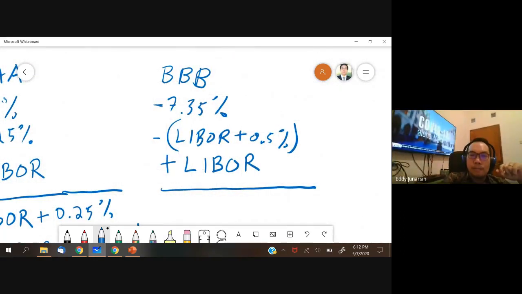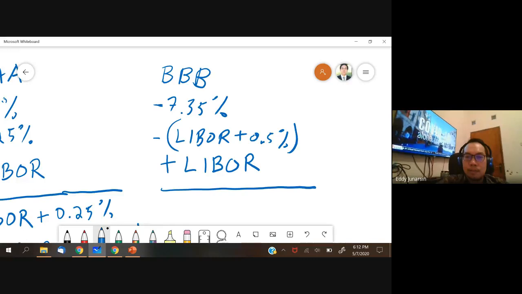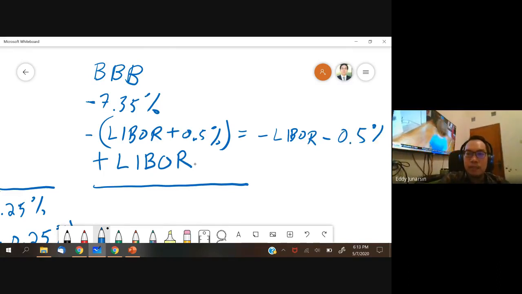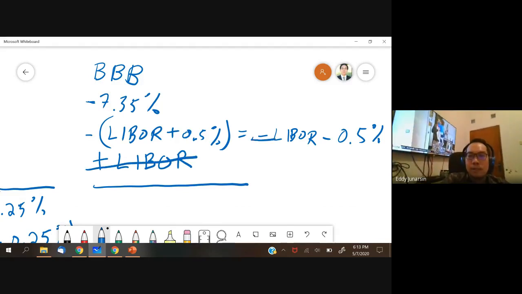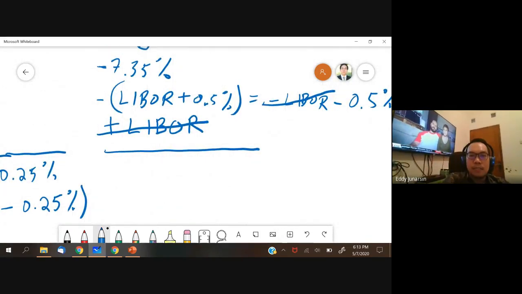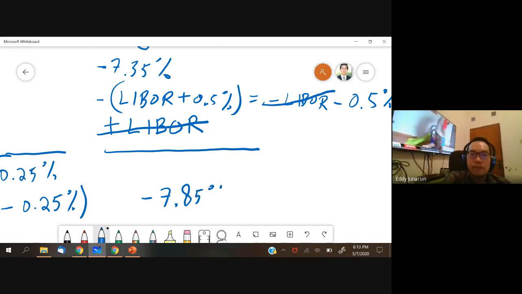So this is minus LIBOR. Just want to take it out, right? Just minus LIBOR minus 0.5%. You see the brackets there, right? So minus LIBOR minus 0.5%. So negative LIBOR. Okay, so now 7.35 and half. So total would be minus 7.85%.